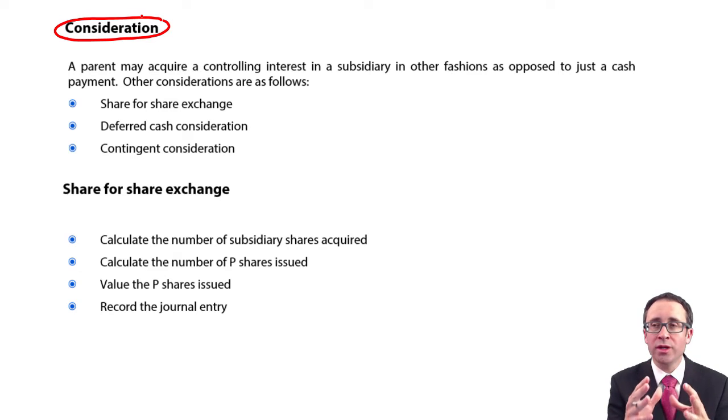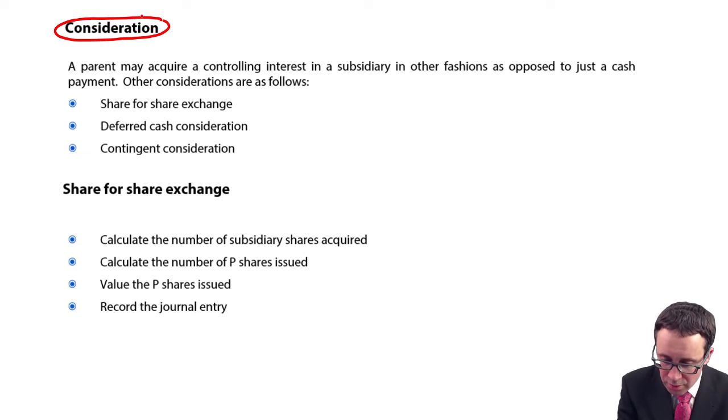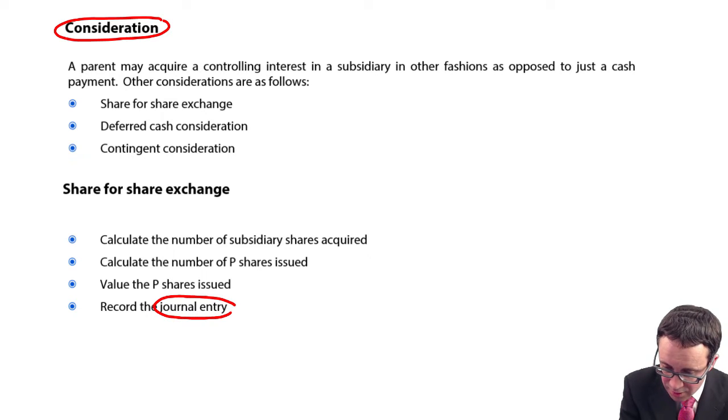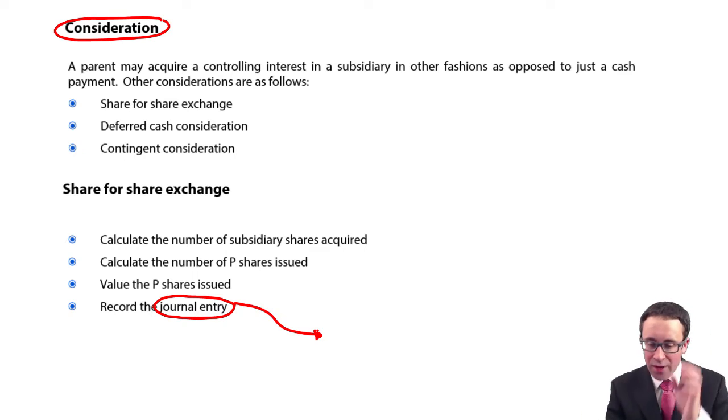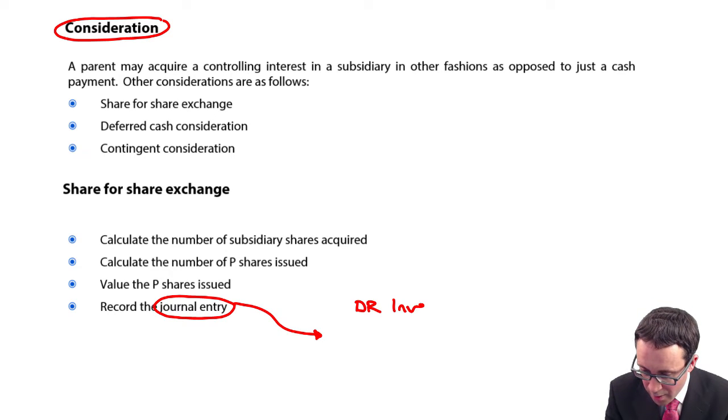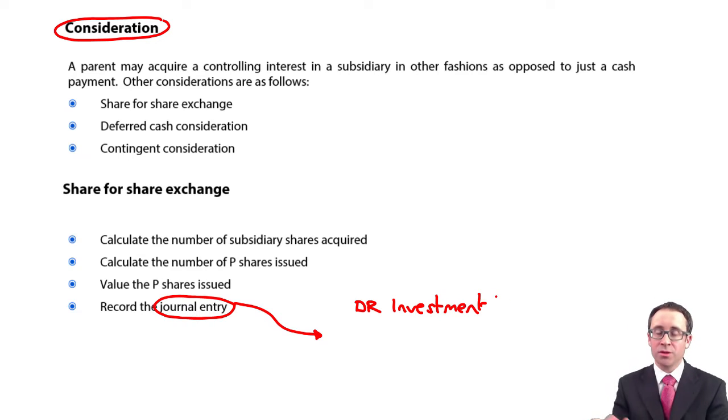So if we're issuing shares of the parent, we need to think about the journal entry. So let's just look at the bottom bit there in terms of what the journal entry actually is. So we're still debiting the investment. Right, when we paid cash, we debited the investment.